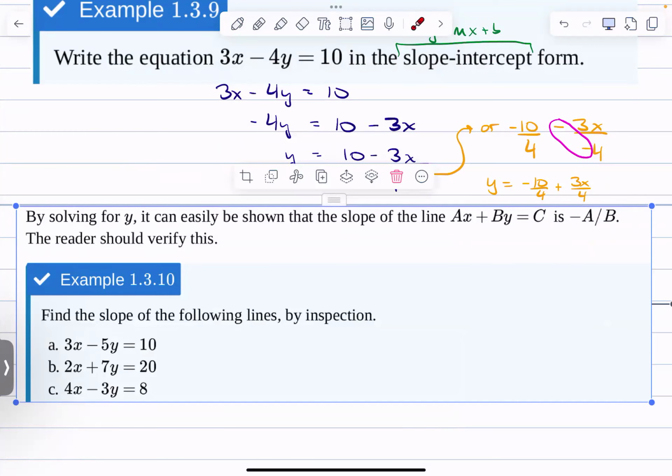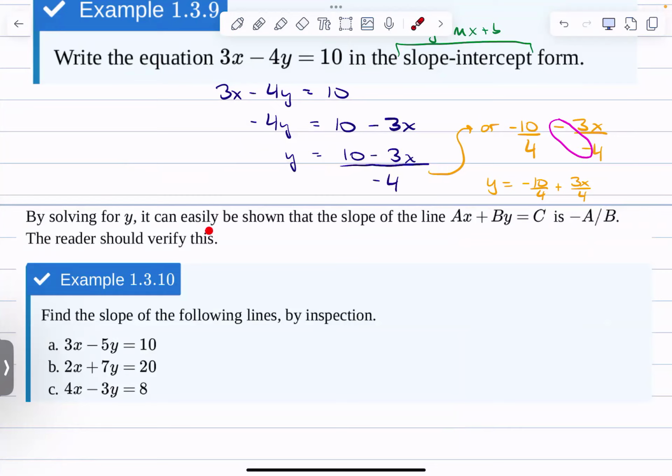by solving for y, it can easily be shown. I don't know if you've read a lot of math research papers, but whenever they say it can easily be shown, it's not. It's like very elaborate. Oh yeah, it's so easy.